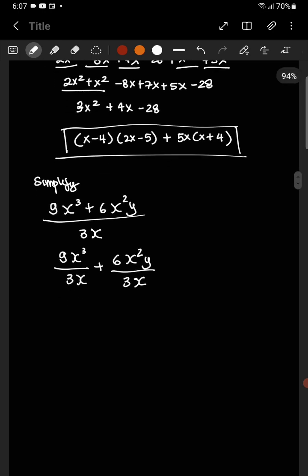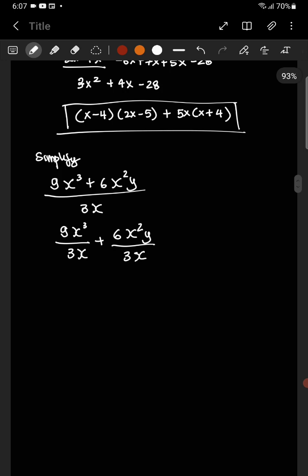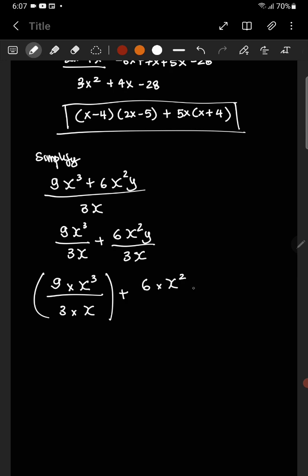Look, the first fraction means like 9 times x to the power of 3 over 3 times x, right? And then the next one, what does it mean? You have 6 times x to the power of 2 times y over 3 times x.